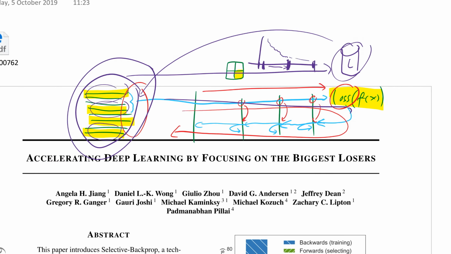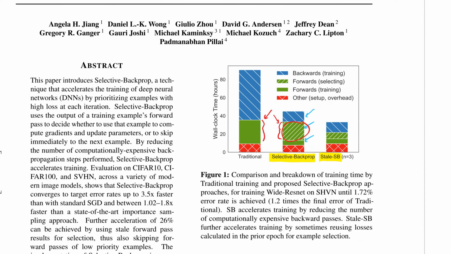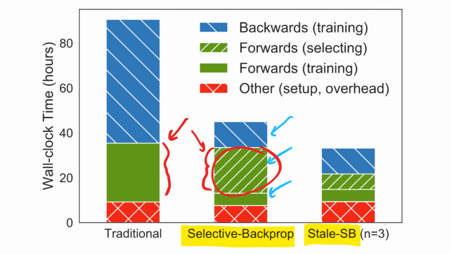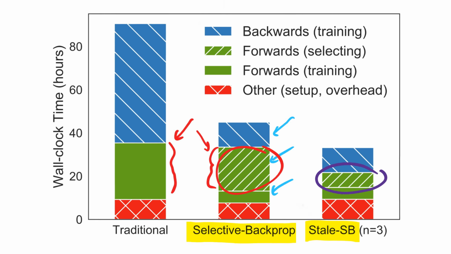Thereby you can amortize the cost of these forward passes. So you pass your entire training set once in a while, and then use those losses to select the hard examples. And that's amortized. You can then reduce this forward pass that's used for selecting again by a lot. And of course the paper shows that this doesn't hurt your performance too much if you have this stale information.